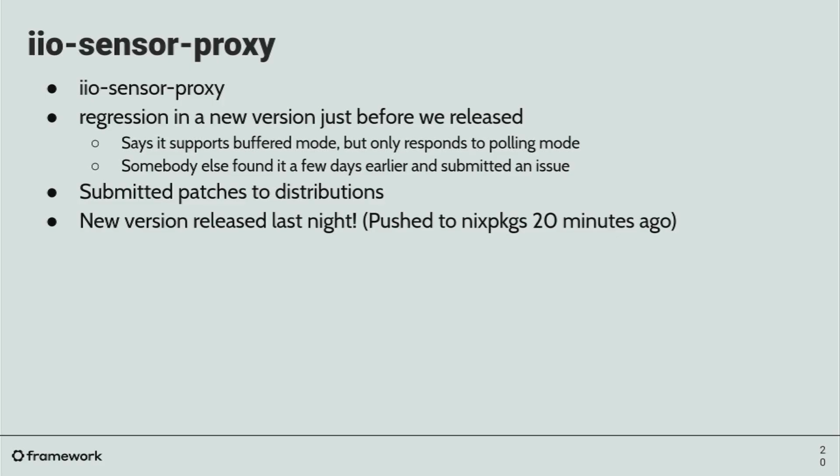And kernel updates propagate really slowly to distributions. So we first looked into how to fix that on the software side. And it turns out that somebody submitted an issue the day before I noticed, because he was running it on a Chromebook.